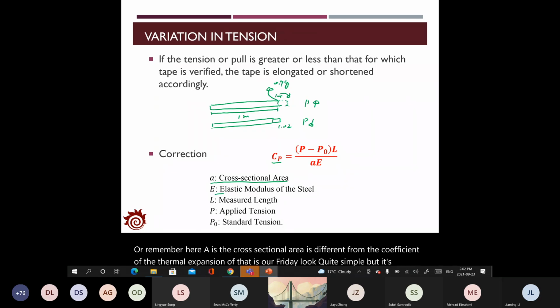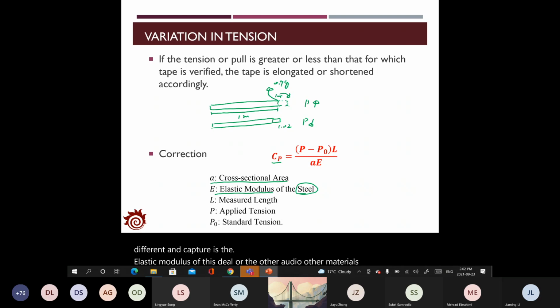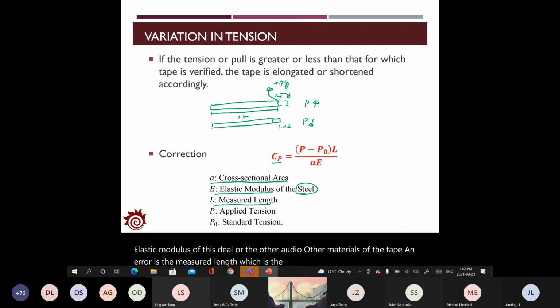The capital E is the elastic modulus of the steel or other materials of the tape. L is the measured length, which is the reading from the experiment. P is the applied tension, that is the tension you measured when you conduct the experiment. And P0 is the standard tension, which is the tension you applied to calibrate the tape.